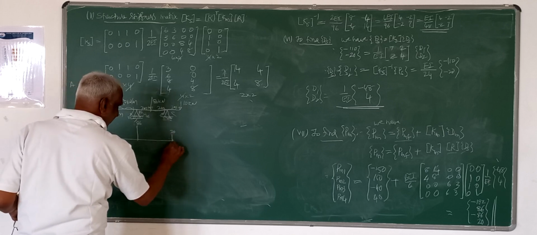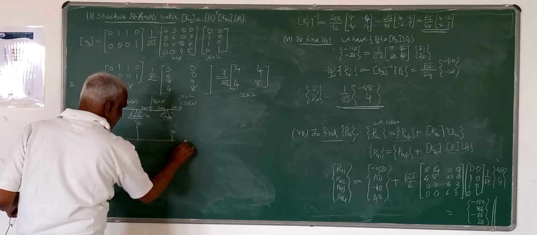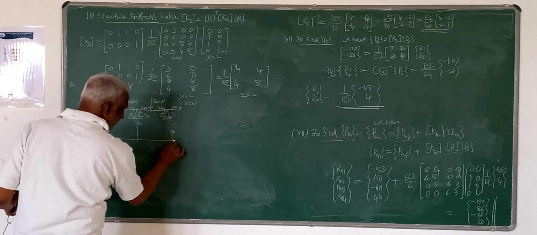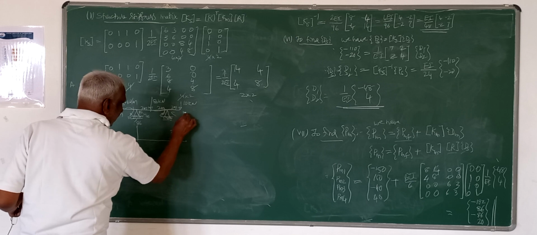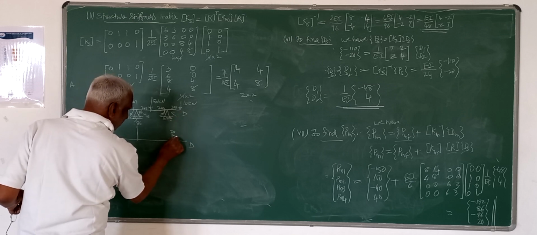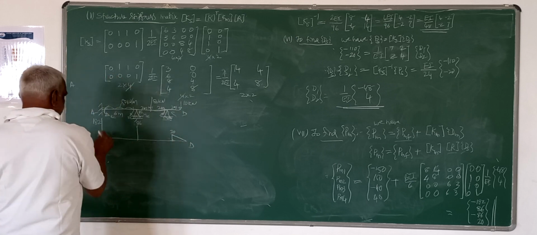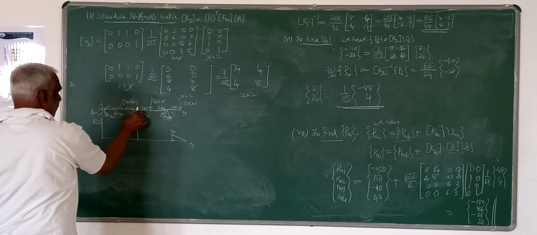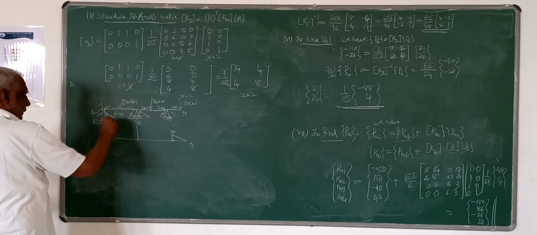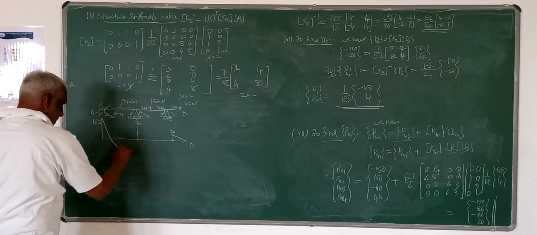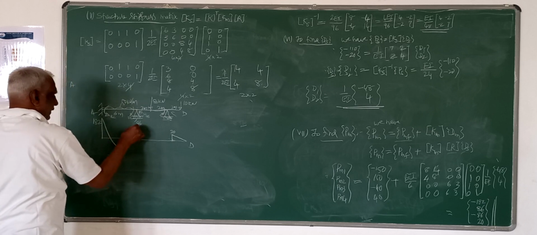This is 20, and here of course it is 0 moment at point B. From this to this I will join, and here I have the distributed load, so I will get a parabolic moment.